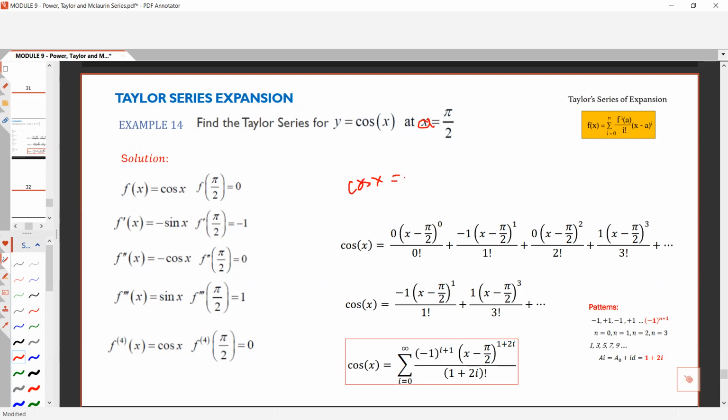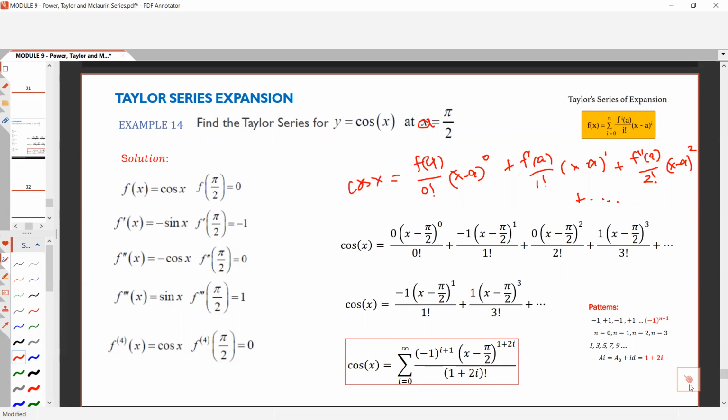Cosine x is equals to, by the Taylor series expansion, that is f of a over 0 factorial x minus a raised to 0, plus f prime of a over 1 factorial x minus a raised to 1, plus f double prime of a over 2 factorial x minus a raised to 2, plus so on and so forth.